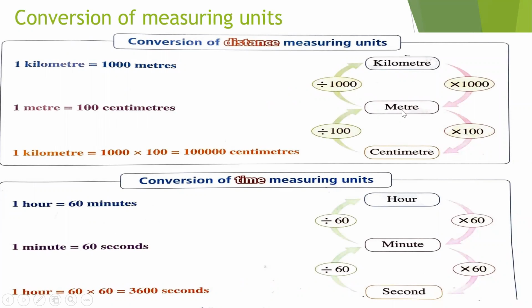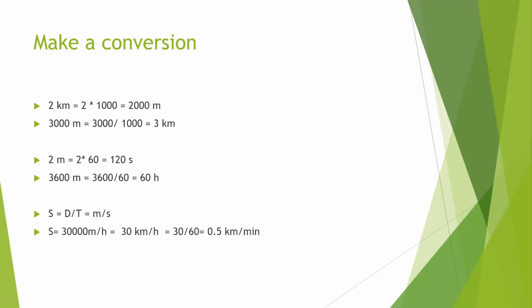When I want to convert from meter to kilometer, we divide by 1,000. So 3,000 meters equals 3,000 divided by 1,000 equals 3 kilometers.